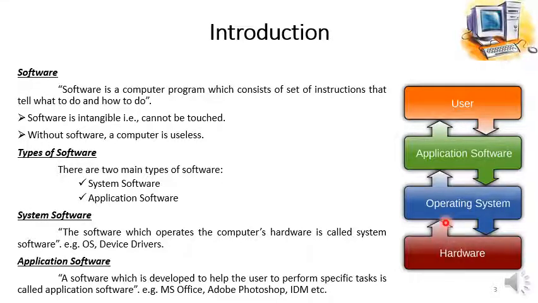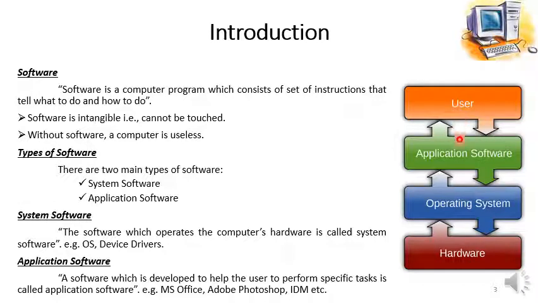On top of the hardware we install the operating system, and the operating system provides connectivity, or acts like a bridge between the application software and the hardware. Further, the application software is used for a specific purpose by the user.